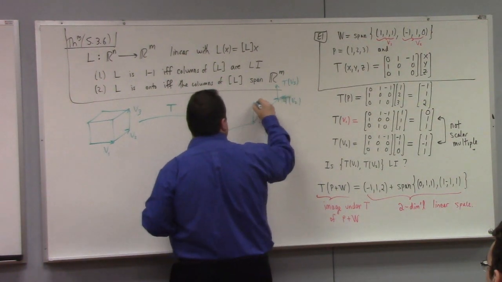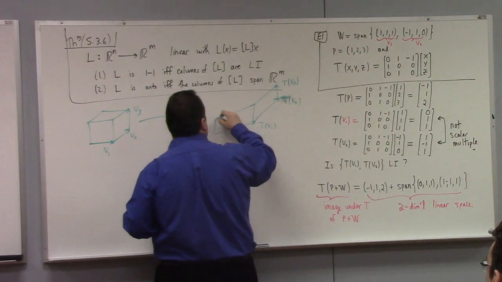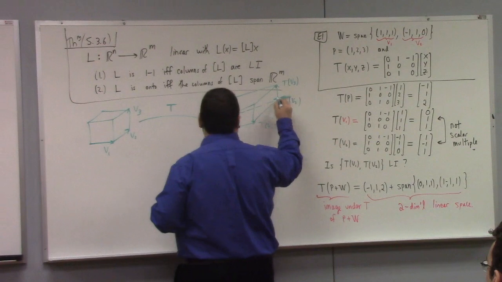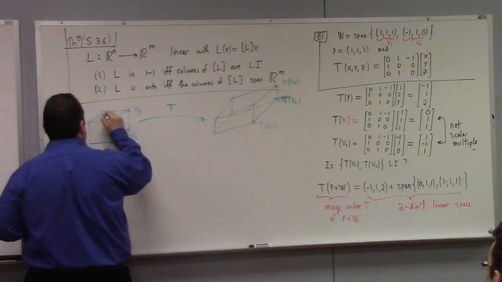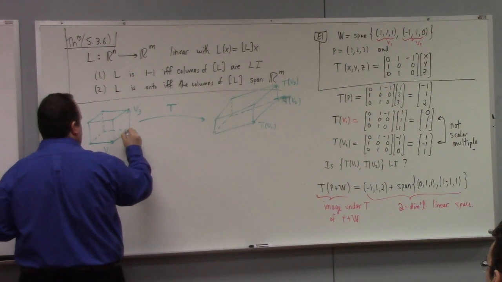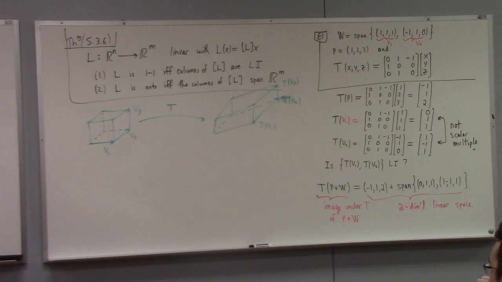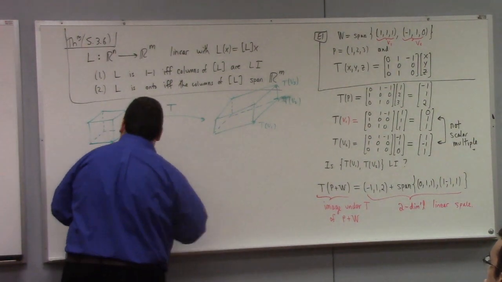As we talked about last time, a linear space will get mapped to a linear space, so a cuboid will get mapped to a cuboid. What's the relation of the volumes of these? Let's figure that out, and that'll be it for today.